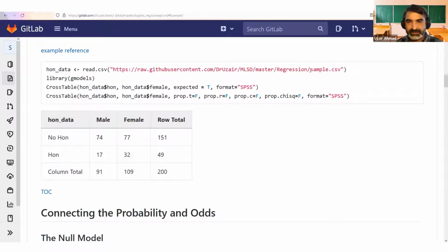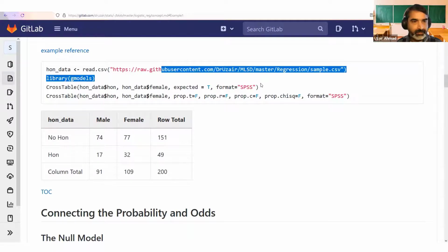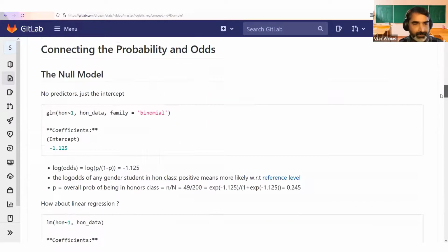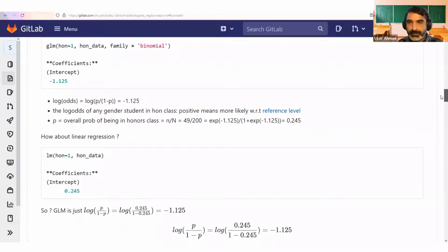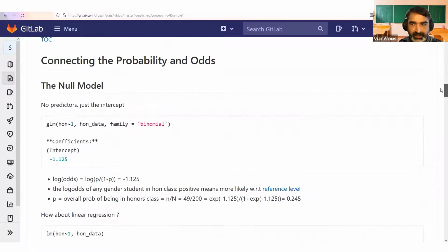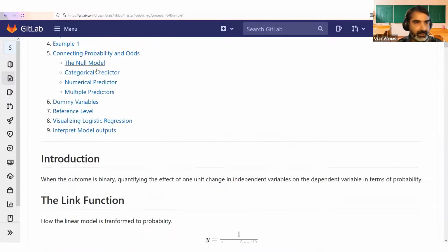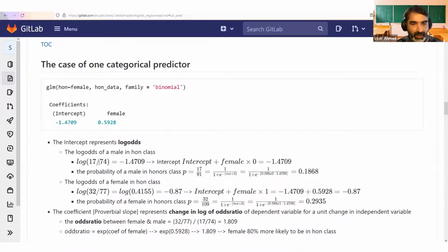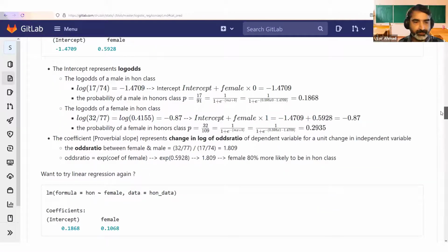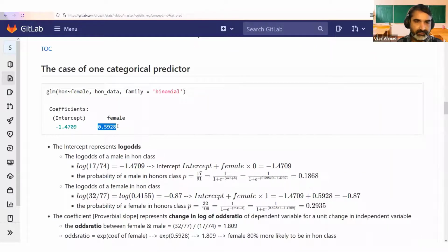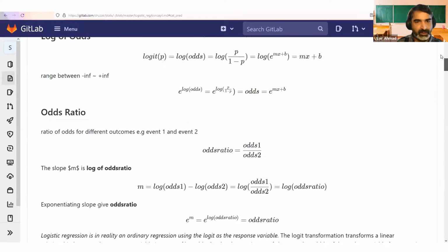You can also access it from my GitHub, with no variable, with one independent variable, with the categorical predictor, and see how we can match these numbers by manually calculating the log of odds and then matching them to the coefficients that we have. Do they match? If they match, then it will confirm your understanding of the interpretation of the model and how it works.